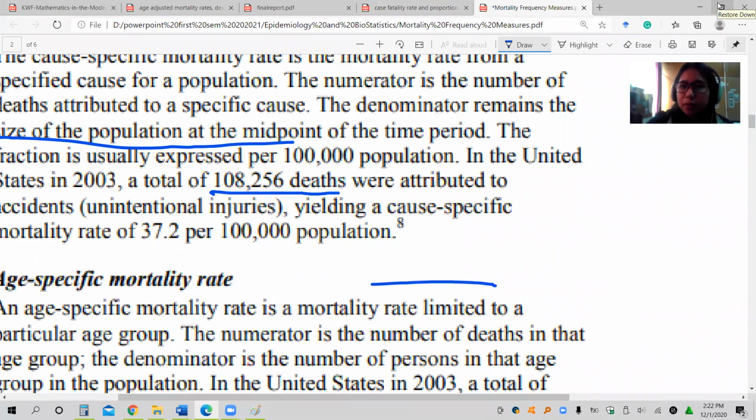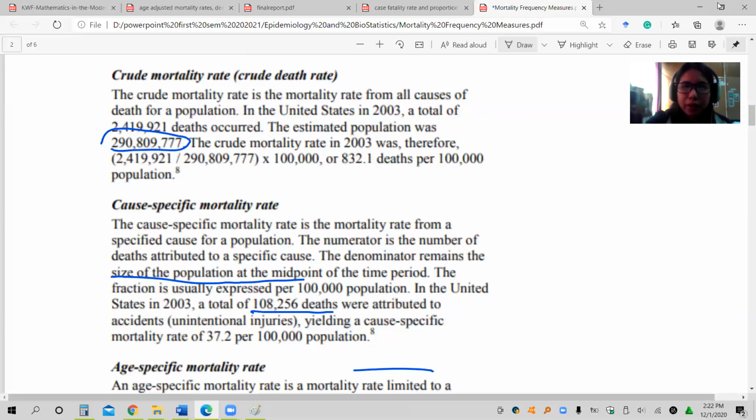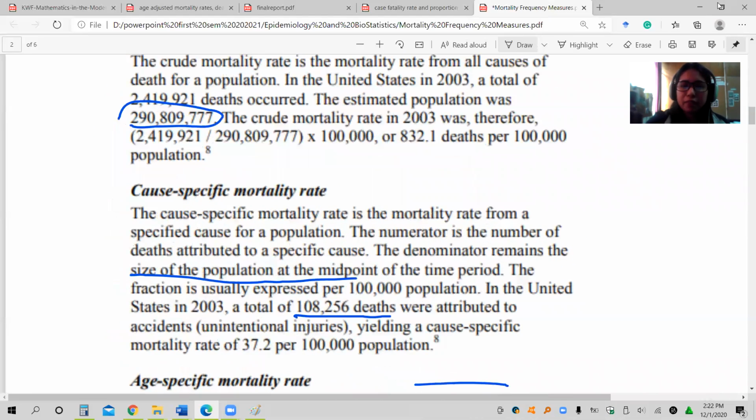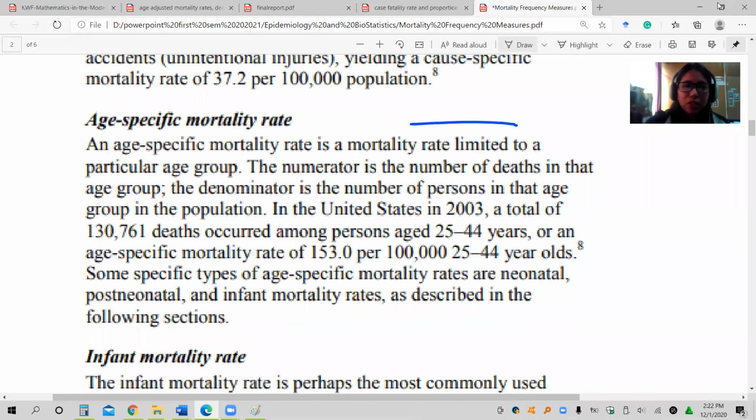So let's go back to our slide. But if you are going to use the total population and the total number of deaths, regardless of the cause, that's the crude mortality rate. But if you know the cause, then it is the cause-specific mortality rate. So how about for age-specific mortality rate?